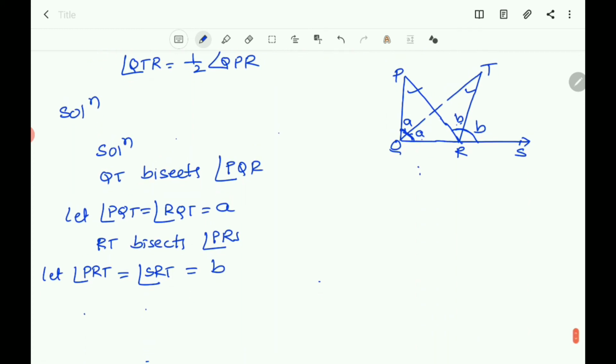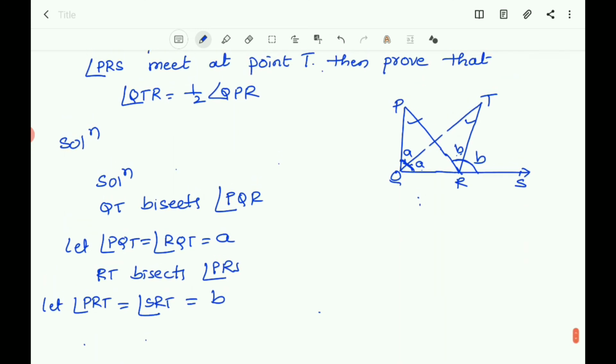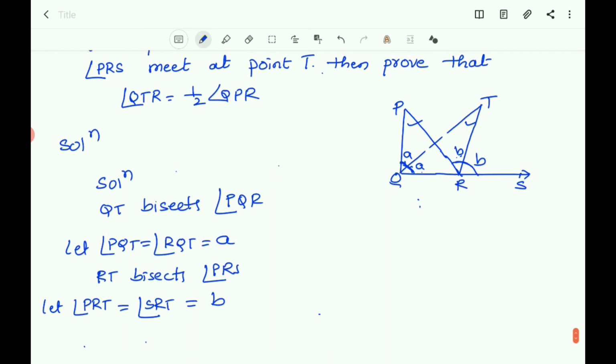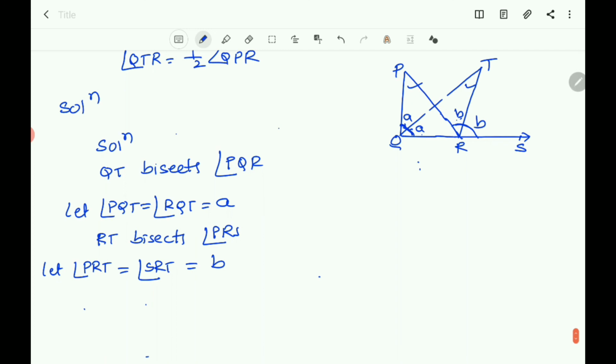Now, we have to establish the relation between angle P and angle T. Angle P means here angle QPR, angle T means here angle QTR.